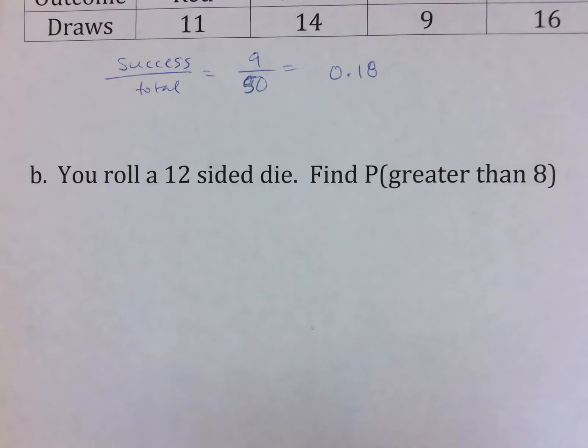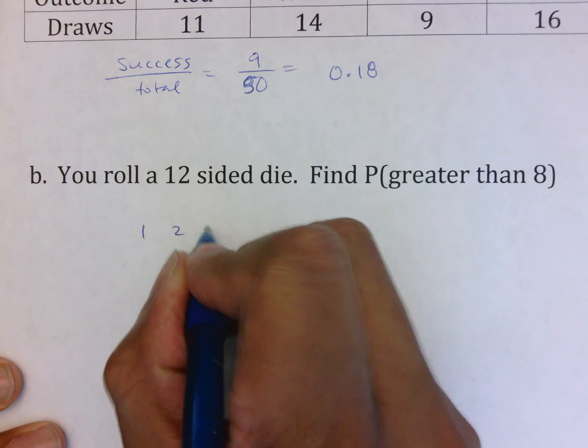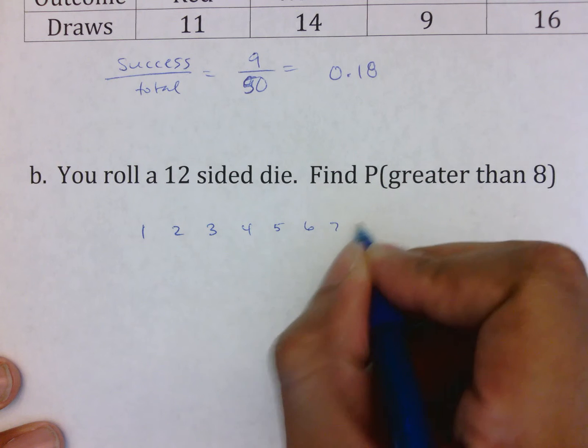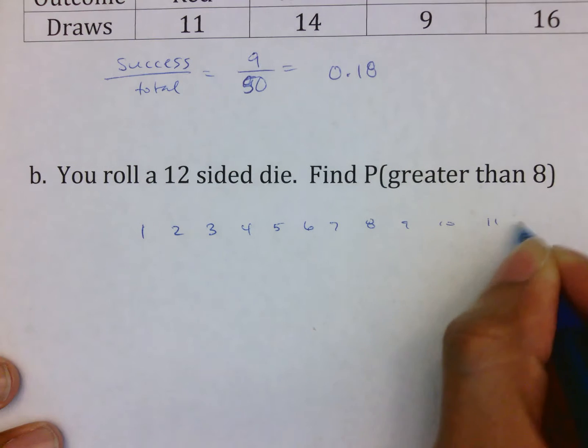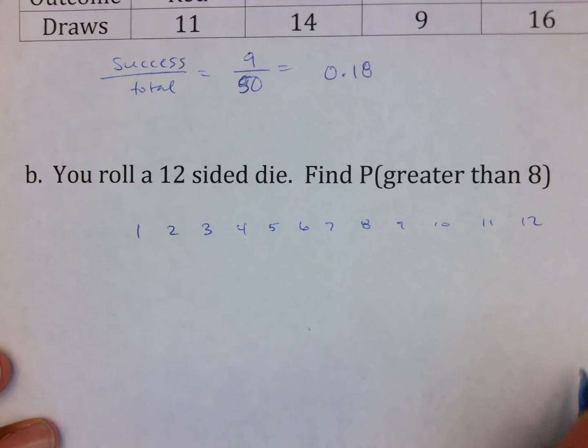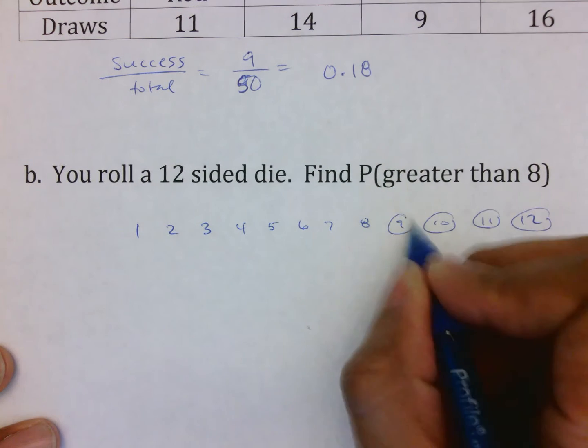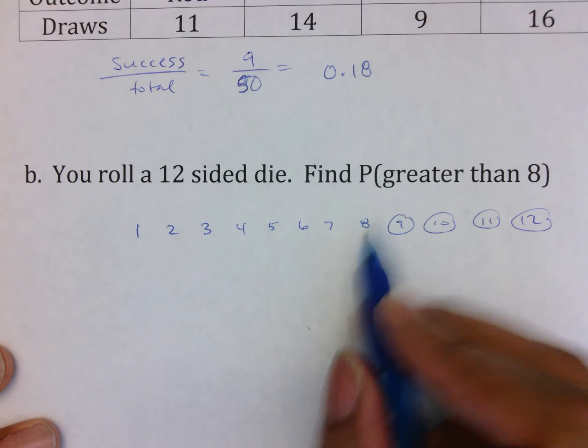Another example, you roll a 12-sided die, find the probability of the number being greater than 8. The easiest thing to do here, if you don't know, again, as you can save time, is to write out all the possibilities and then circle the ones that are good. 12 is greater than 8, 11 is greater than 8, 10 is greater than 8, 9 is greater than 8. Is 8 greater than 8? It is not.